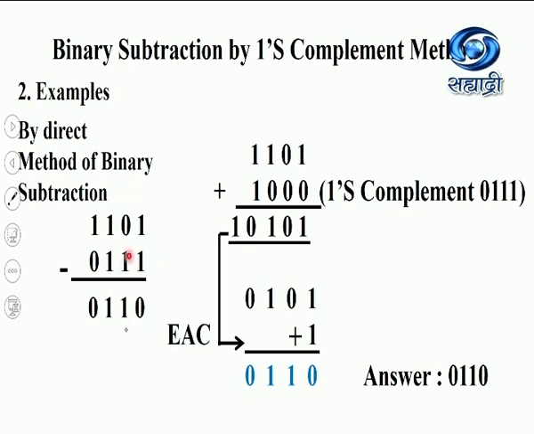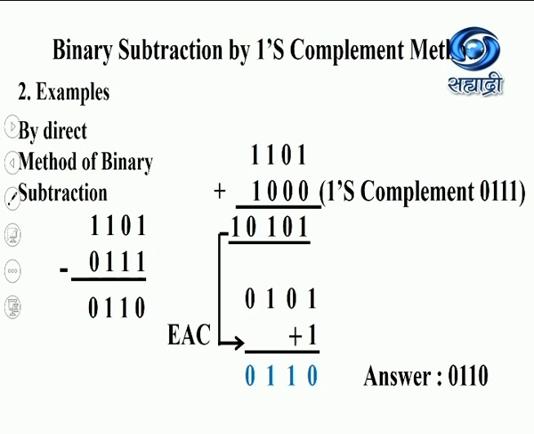Here we take a borrow from the next column. So 10 minus 1, subtraction is 1. Again this 1 will be 0. So 0 minus 1. Here we get 10 minus 1 is 1, and here 0 minus 0 is 0.